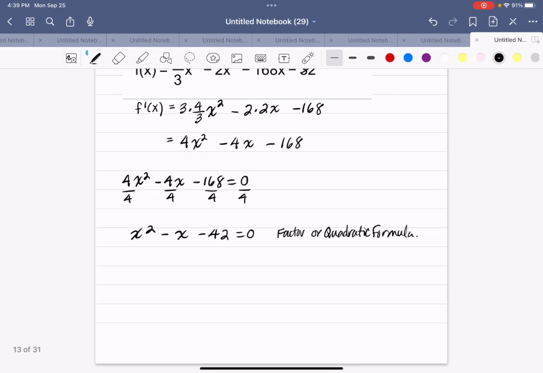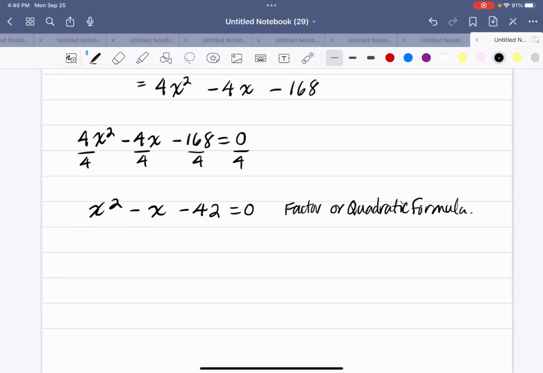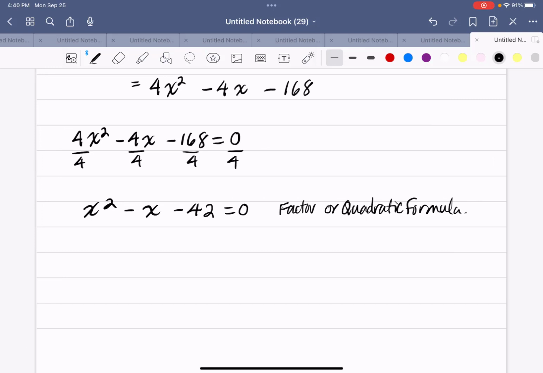So if you want to use the quadratic formula, you can go back and YouTube that and do that, or try to learn to factor. The factors of negative 42 that will give me a negative 1, it's got to multiply to negative 42 and add to negative 1. So I know I'm going to need a positive and a negative.